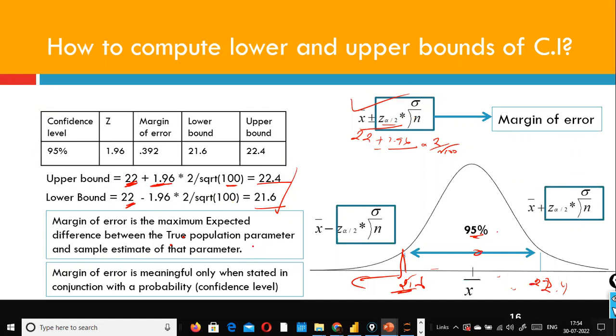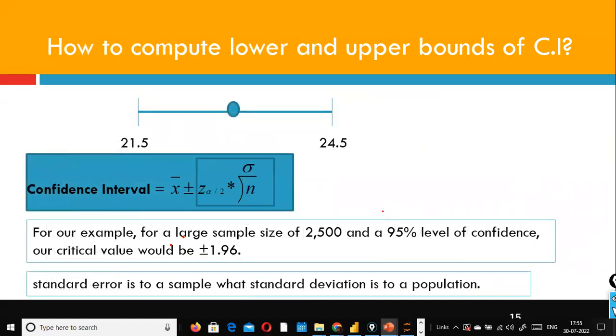The margin of error is 0.392. It is meaningful only when stated in terms of a probability, the confidence level. That is, we are 95% confident the population mean can fall anywhere between these bounds.